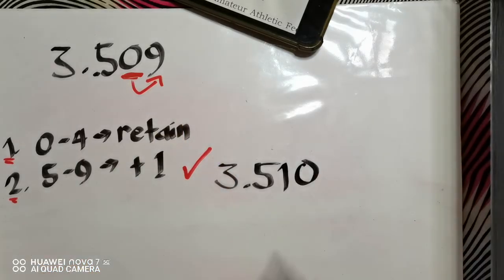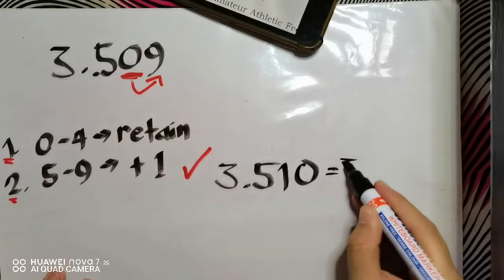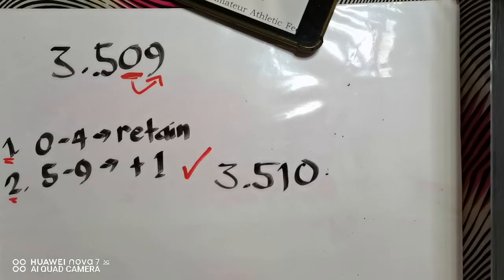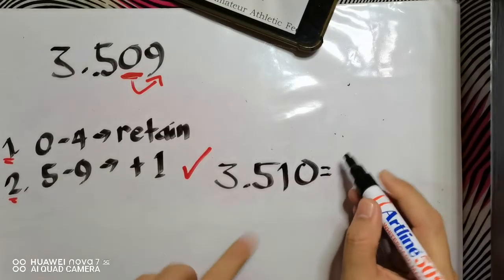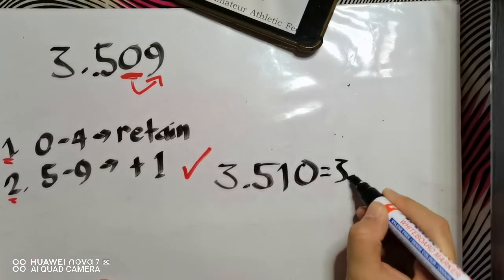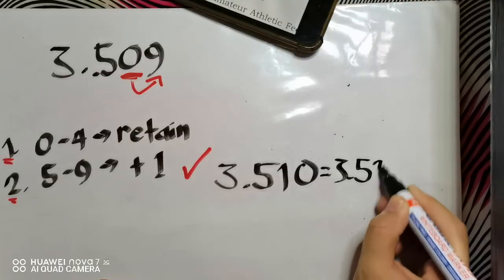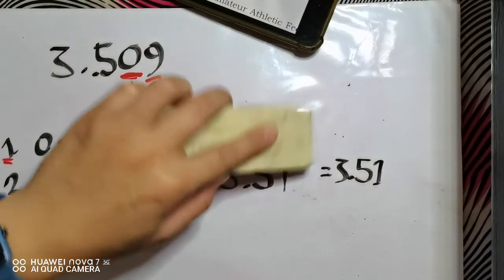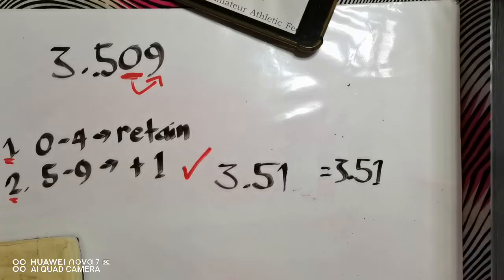Now, itong number na ito ay katulad din niya ng number na yan. Okay? Anong pinagkaiba nila? Ito kasi mayroong 0. Ito, wala. Pero, kung titignan mo, kung halimbawa alisin natin yung 0, which is wala naman siyang value, parehas lang naman silang 3 and 51 hundredths.